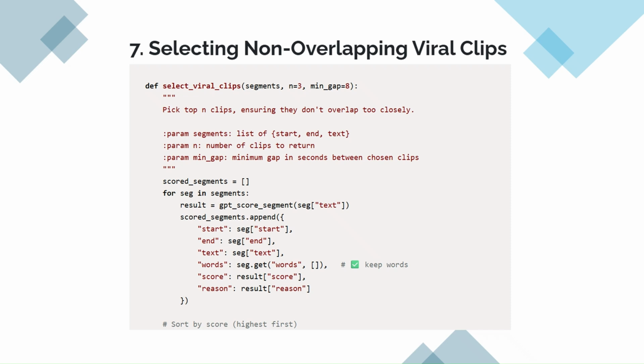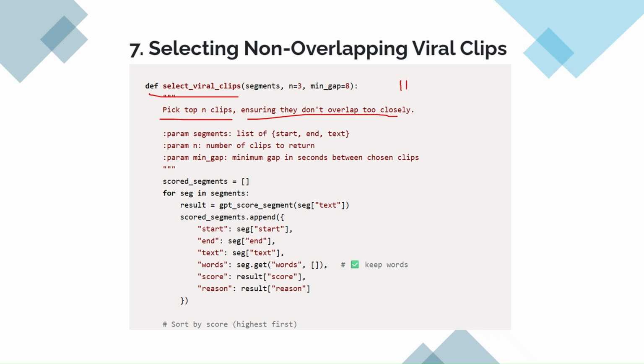So we have scored, let's say, 10 candidate clips from the previous function called GPT score segments. Now, from those 10 candidate clips, we would have the score for each of those clips. This next function called select viral clips will pick the top n clips, ensuring that they don't overlap too closely.